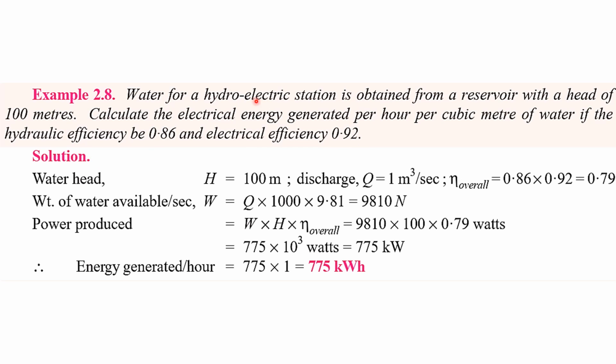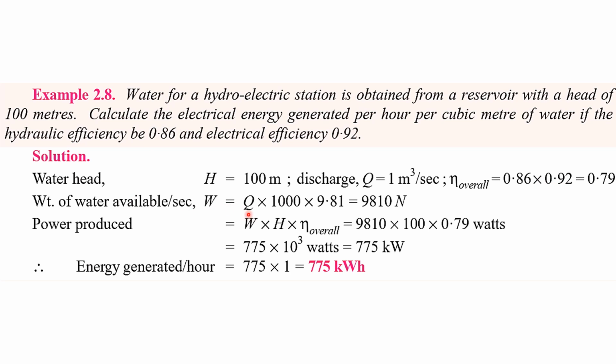So let us write all of the data which is available from this statement. Water head is available to us as 100 meters. Then the discharge is 1 meter cube per second. Then overall efficiency can be found by multiplying these two efficiencies, so 0.79 is the overall efficiency. How much weight of water is available to us?